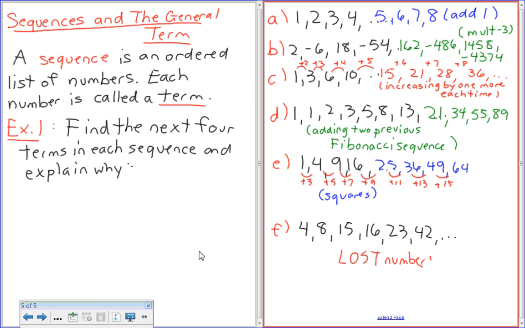This is not an ordered list, not a sequence. People get weird about TV shows. They put it into supercomputer equations, and they couldn't find the next number.